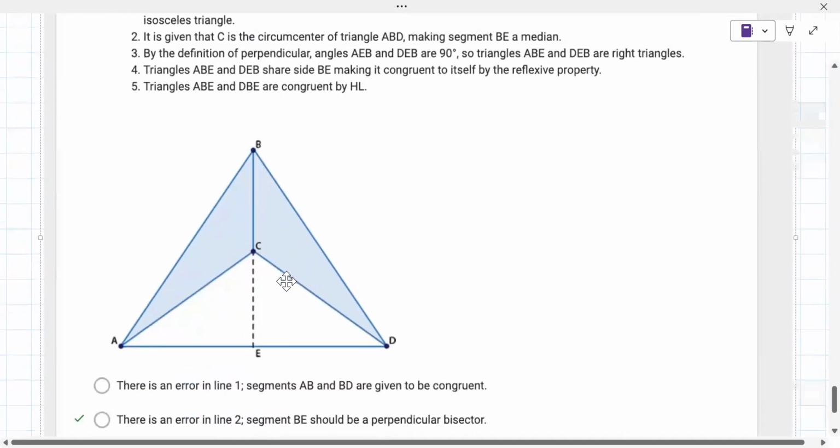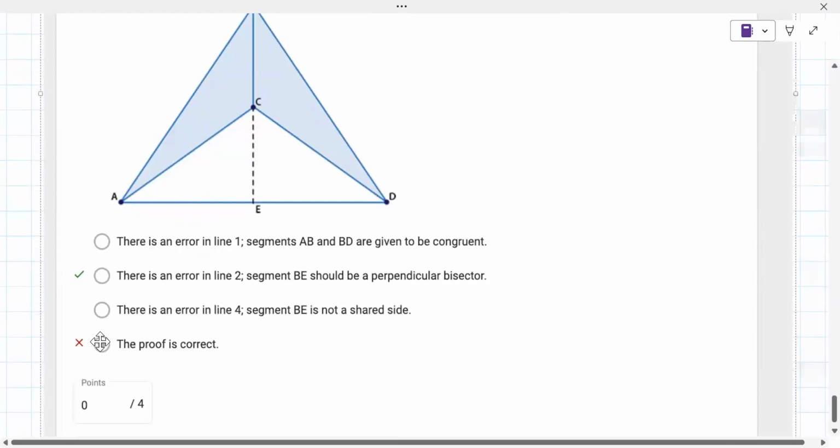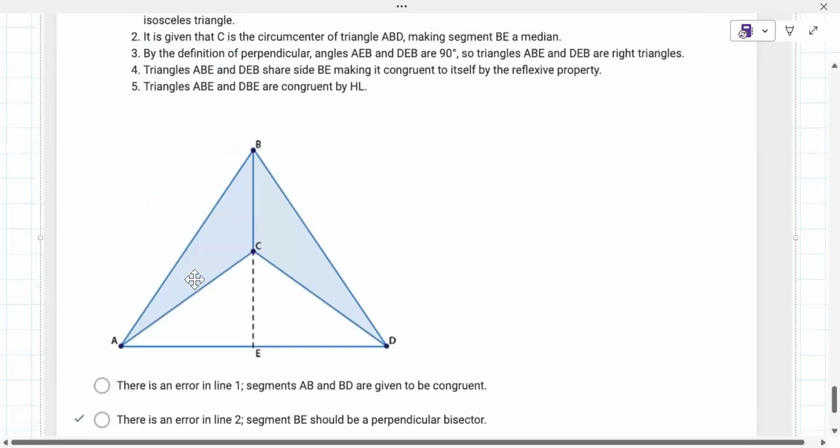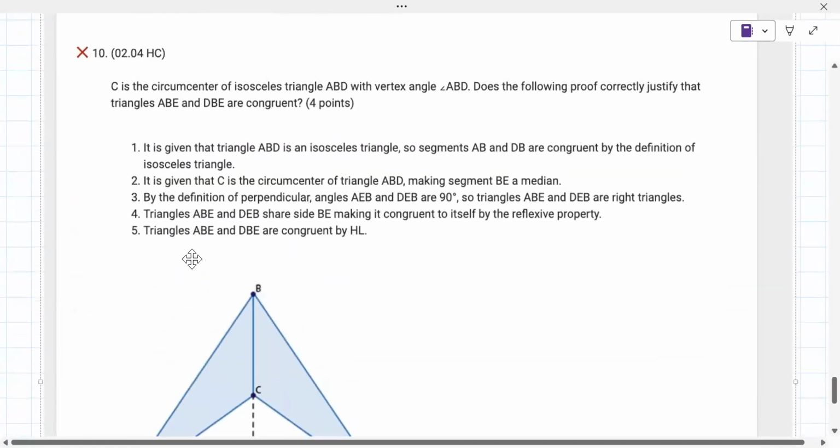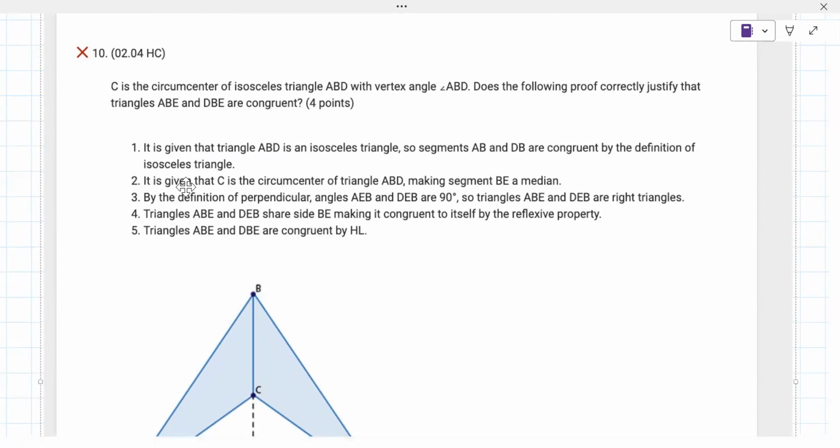Okay, congruent. There's an error in line 2. Segment BE should be a perpendicular bisector. Okay, so given that C is a circumcenter of triangle ABD, making segment BE a median.